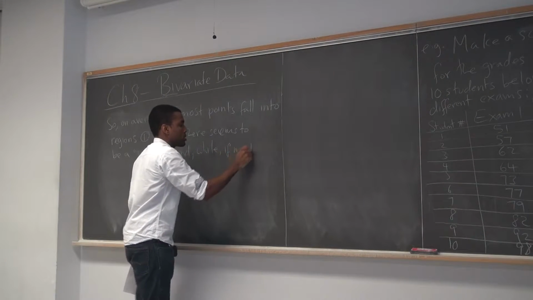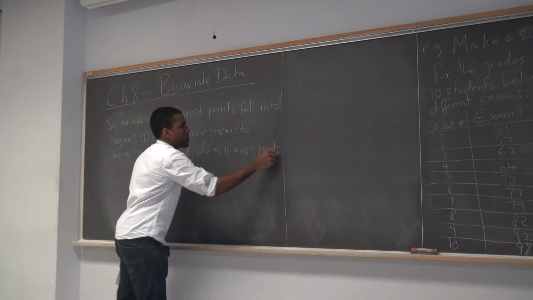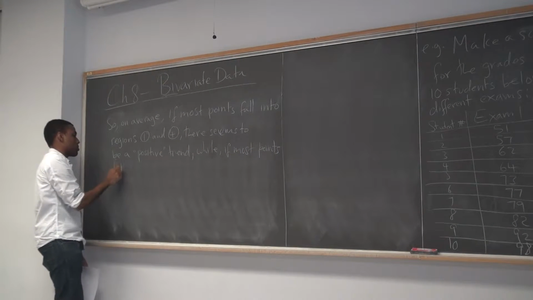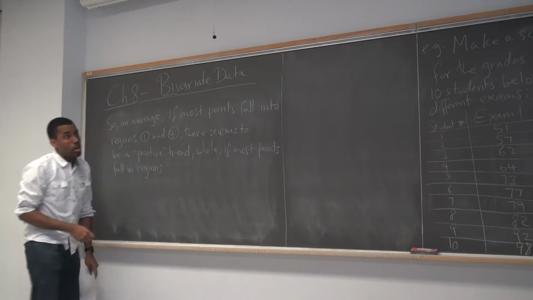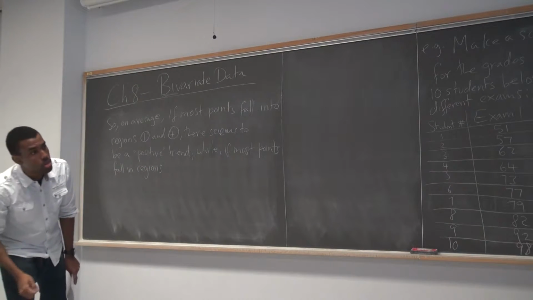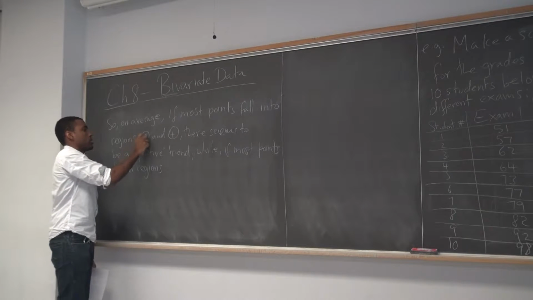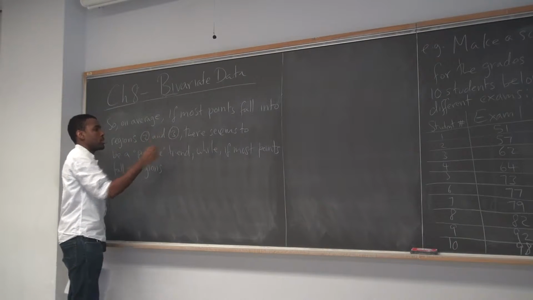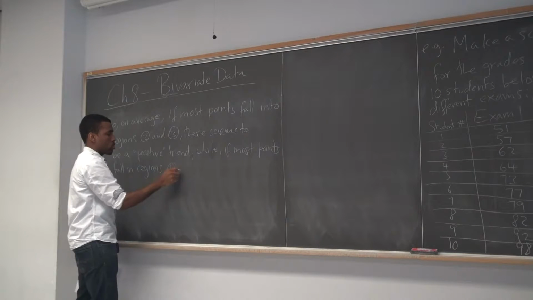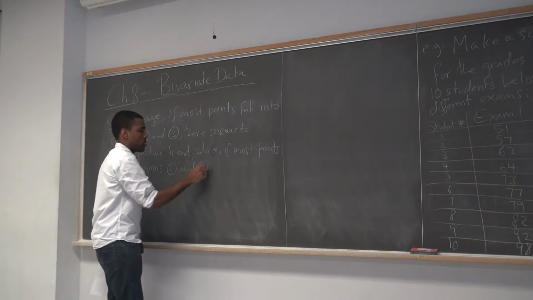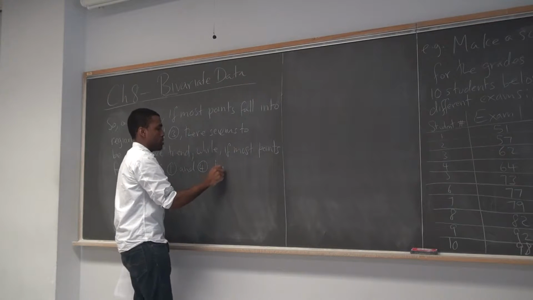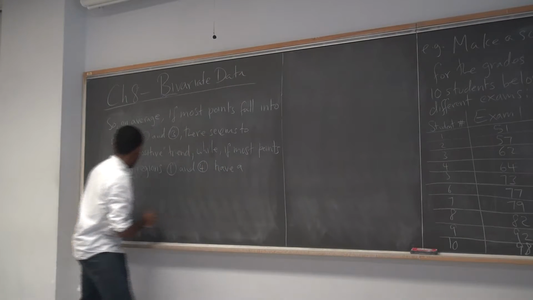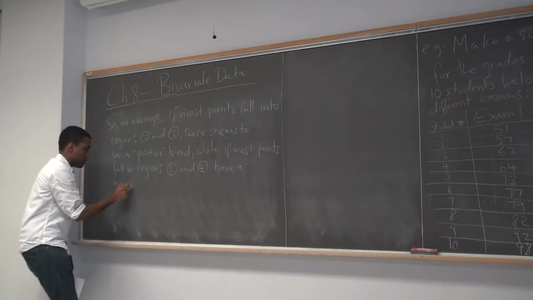Most points... it's 1 and, yes, I meant 2 and 3. 2 and 3 goes with the positive, and 1 and 4 goes with the negative. 1 and 4 have a negative trend.